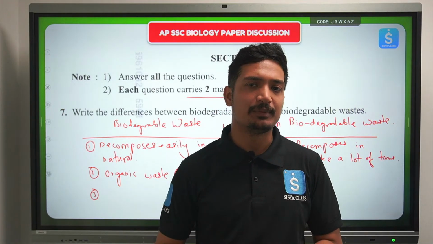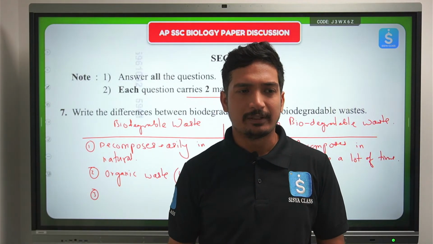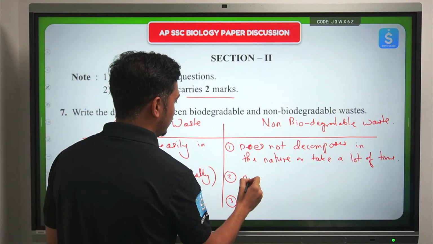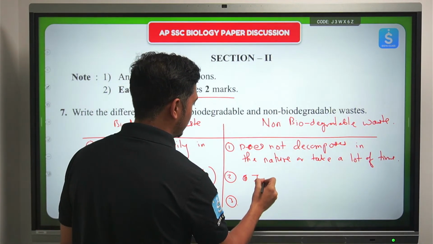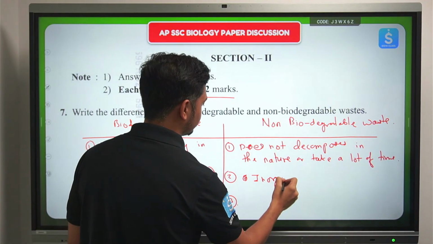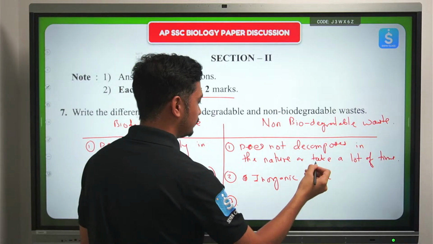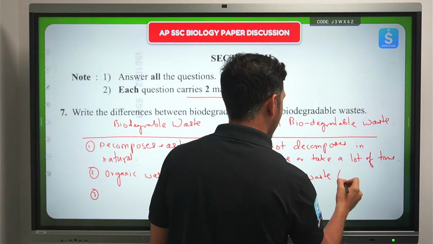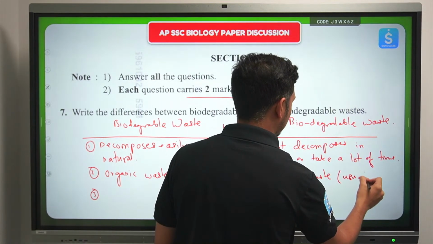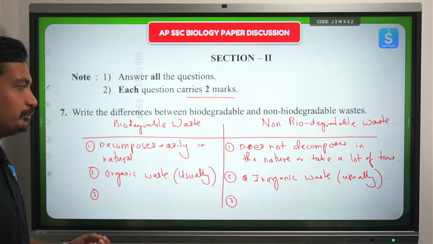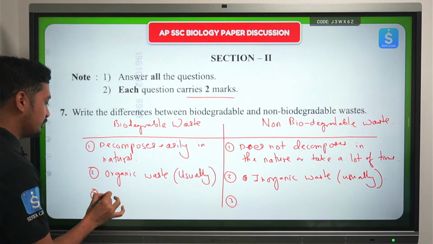All of these things can be considered as organic waste. And usually inorganic waste will come over here. There are certain exceptions also, but I'll write usually to take care of the exceptions without mentioning them.